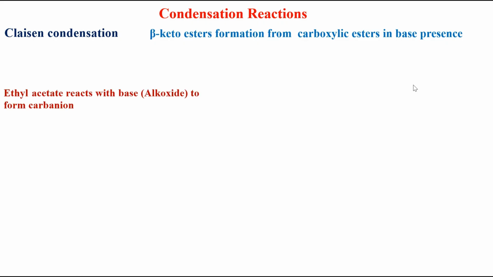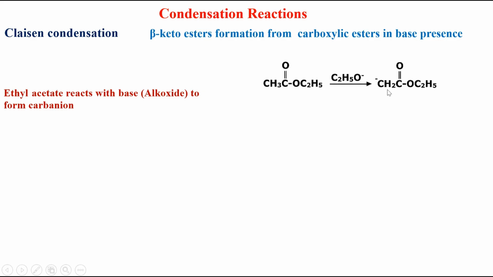I take ethyl acetate, an ester, and treat it with a strong base like sodium alkoxide. The O minus abstracts the proton from the alpha carbon, giving rise to a carbanion.